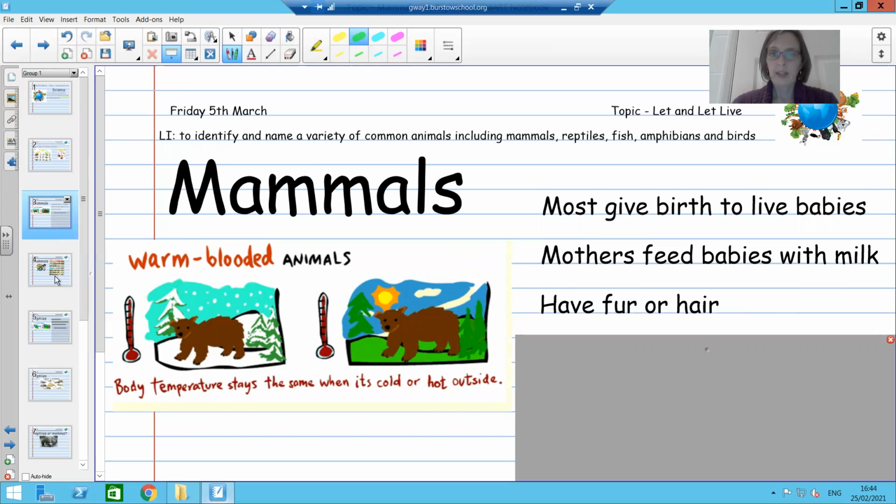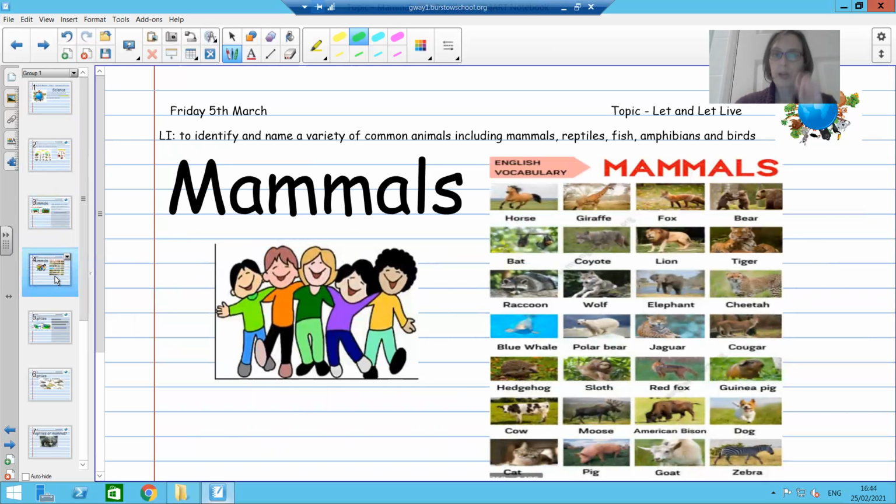Right, here we go. I've got some pictures of lots of different mammals. Hopefully you've said some of these. Humans, people, you and me, we are mammals. Okay, ladies give birth to live babies. They feed them with the milk and we have our hair. So we've got horses, giraffes, lions, elephants.